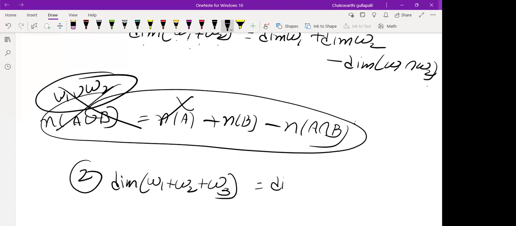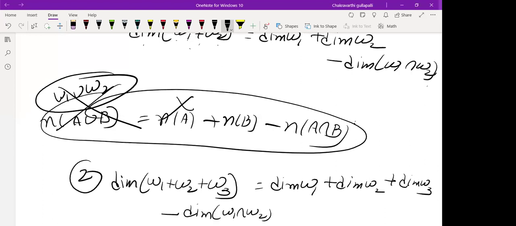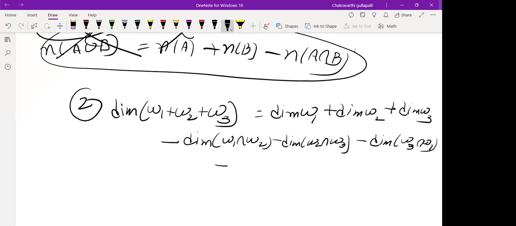Dimension of W1 plus W2 plus W3 is equal to dimension of W1 plus dimension of W2 plus dimension of W3 minus the dimensions of their intersections: W1 intersection W2, W2 intersection W3, W3 intersection W1, plus W1 intersection W2 intersection W3. You can extend this to any number.